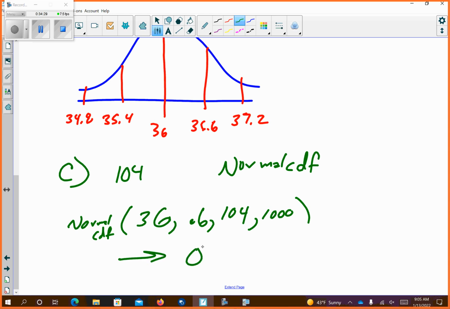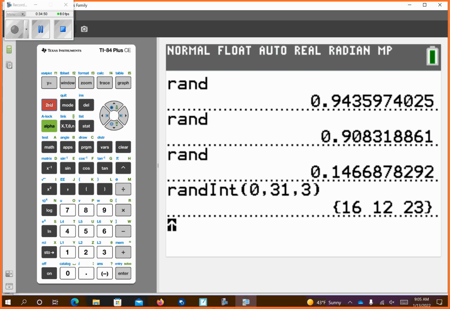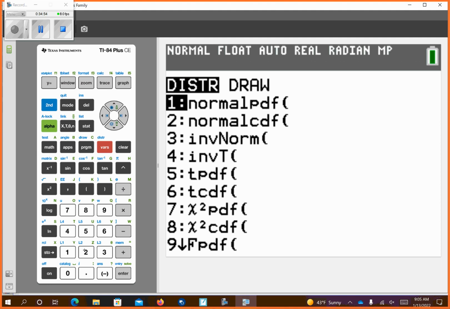Hey, coach. So our lower limit is 36 and our upper limit? No, our mean, our average. Doesn't the mean come second? Like you do your upper and lower limits first? Oh, did I go wrong on it? Let me go back. I'm going to go here. So 104 would be the second, distribute normal CDF.